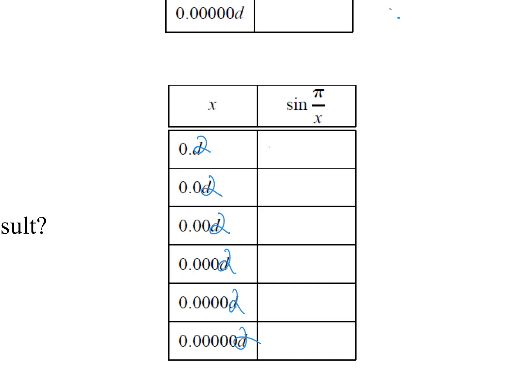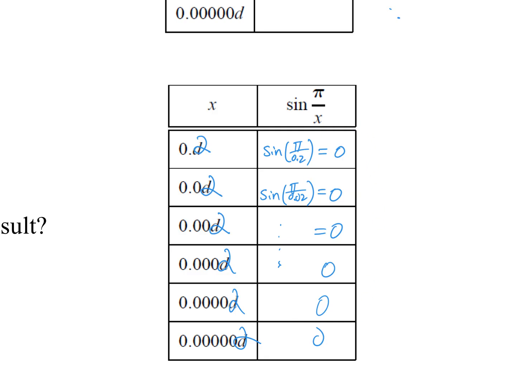Okay, so in this case, calculate sine of pi over 0.2, sine of pi over 0.02, and so on and so forth. Do that, pause the video, and let's compare the answer. So in this case, this is equal to 0, 0, 0, they're all zeros. So now can you conclude that it's approaching 0? Of course not, right?